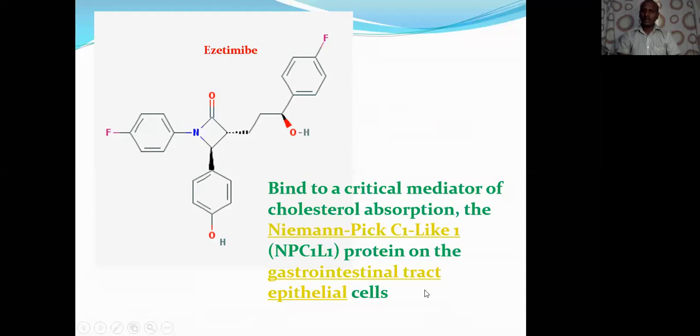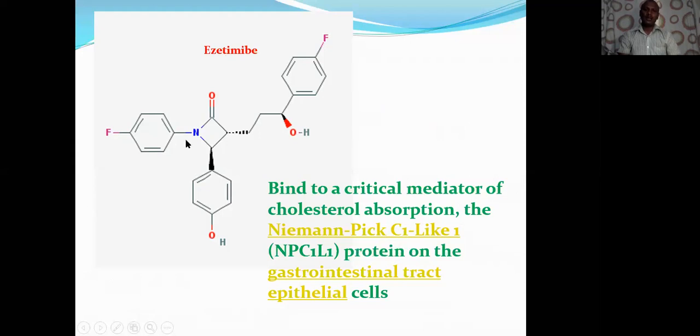The cholesterol absorption takes place through these mediators, Niemann-Pick C1-Like 1. This is the transporter present in the GIT, and it helps in the absorption of cholesterol.